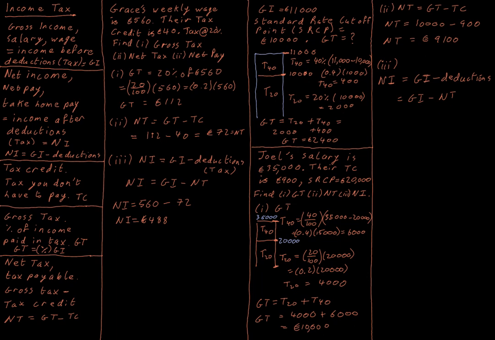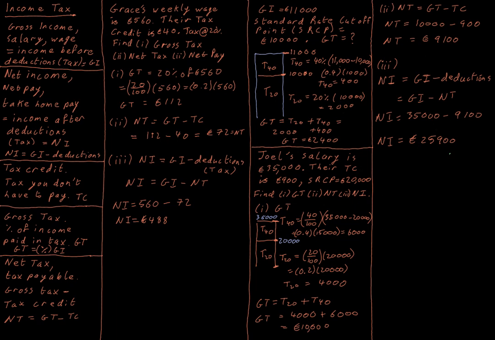So let's write that out. And we sub in, we know our gross income is 35,000. We know our net tax that we just calculated is 9,100. So when we subtract those from each other, we get 25,900 is the amount of money we get to take home. It's the amount of money after tax. It's the take home pay, or the net income.